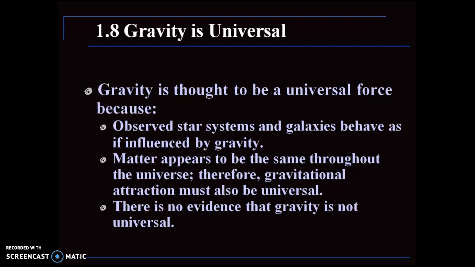Matter appears to be the same throughout the universe, therefore the gravitational attraction must be universal. There is no evidence that gravity is not universal. Nobody has ever come up with proper evidence that gravity does not exist, so we still believe that gravity is universal and the same throughout the universe.